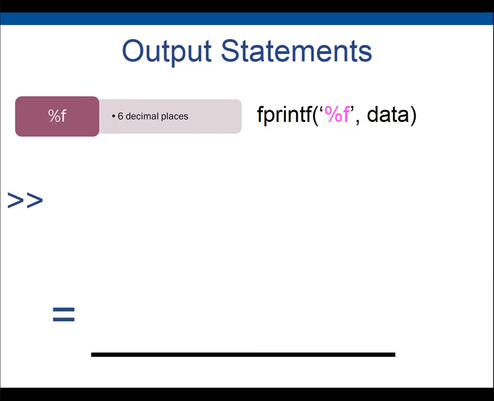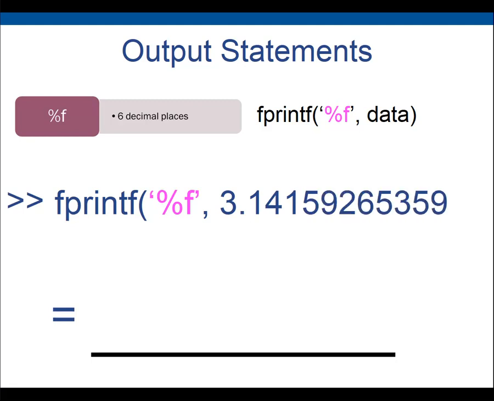Let's review this with some examples. fprintf %f, and here is a long list of numbers, which is pi: 3.14159265 and so on.